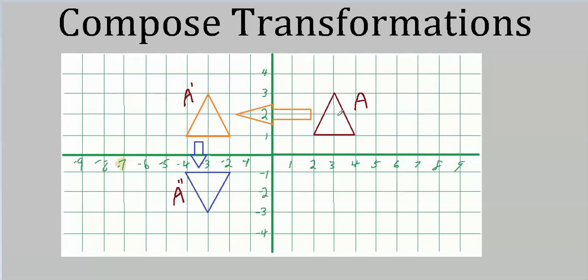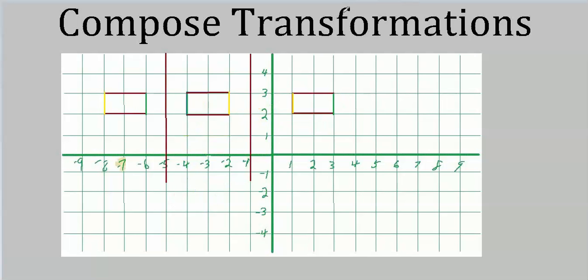But of course we have a couple of theorems about composition of two transformations. They have to do with reflections about lines. Suppose I reflect an object twice about two parallel lines.